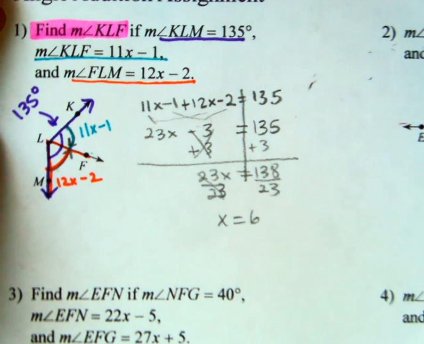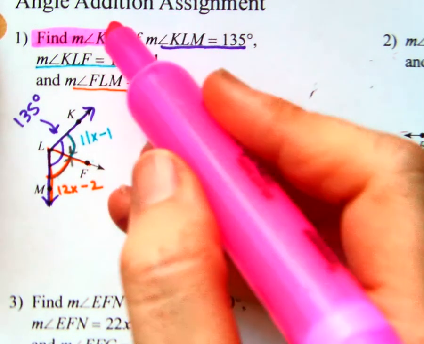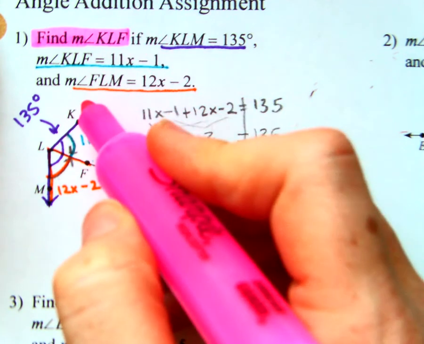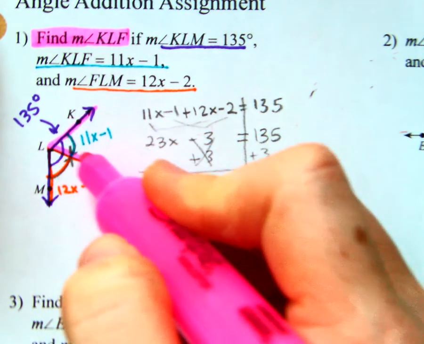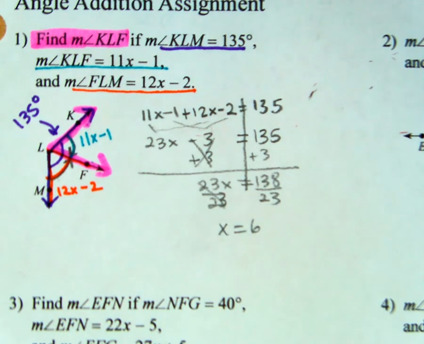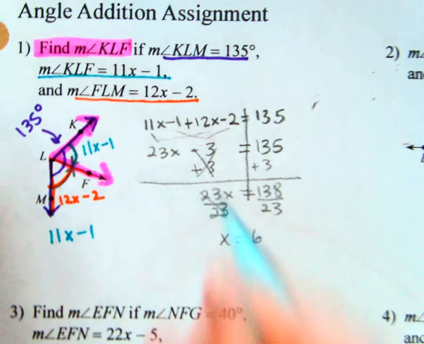Now, we have to be careful with this set of problems because they're not asking us to find x. They're asking us to use x to find a certain angle. So in this particular problem, I'm trying to find KLF, right? And KLF is this part right here, which we can plug into 11x minus 1 to find.